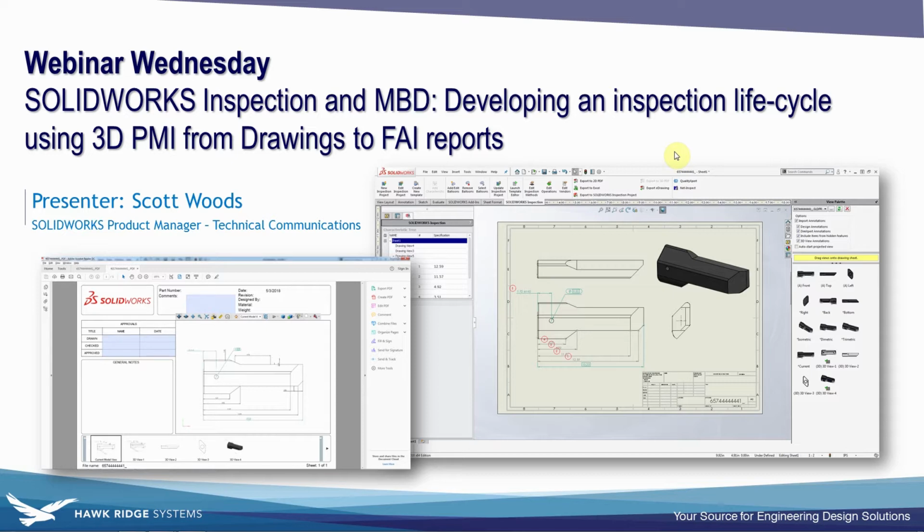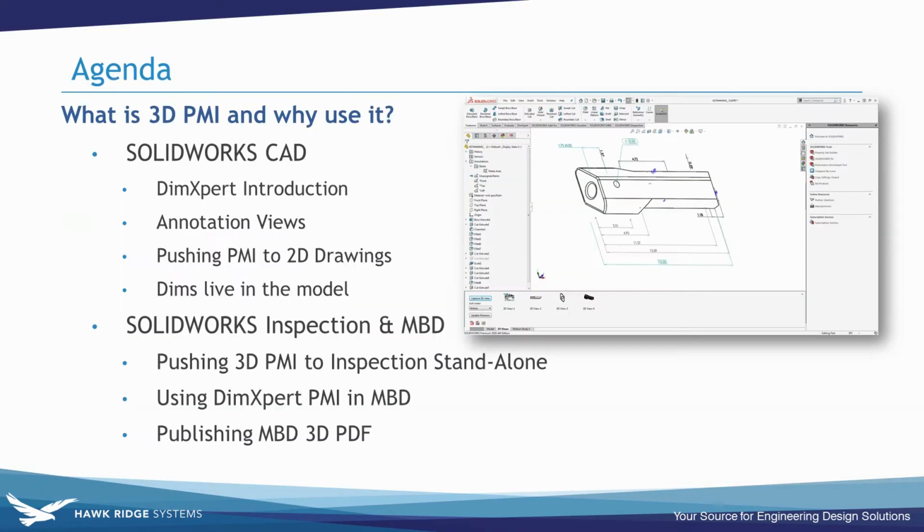Okay, so let's go ahead and get started here. First off, let's talk about DimXpert. If you're unfamiliar with DimXpert, most of you probably already have it today, right in SOLIDWORKS. It's a SOLIDWORKS product, built in, and that allows you to create dimensions, annotations, and notes right on a part, within the CAD software itself.